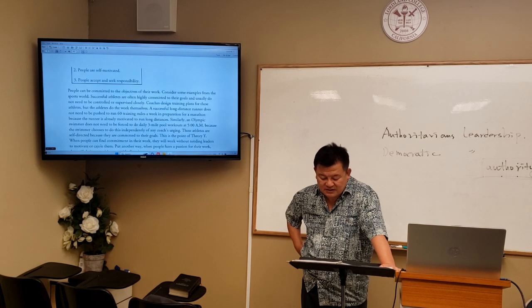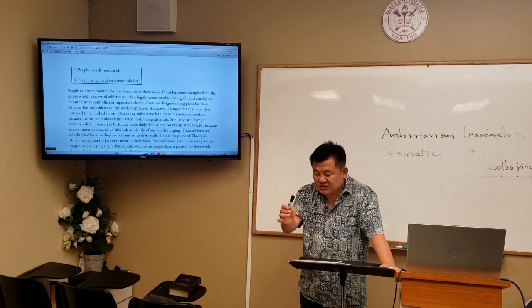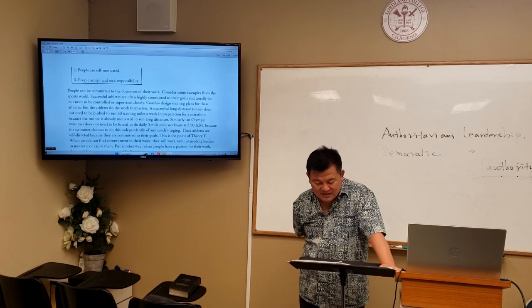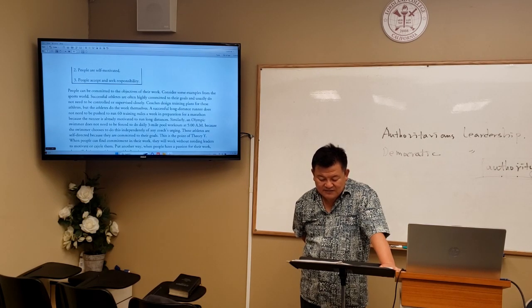In essence, they see themselves as a guide rather than a director. No direction, just guide. So they give suggestions to others, but never with the intention of forcing change. Helping each follower reach a personal goal is important to democratic leaders.